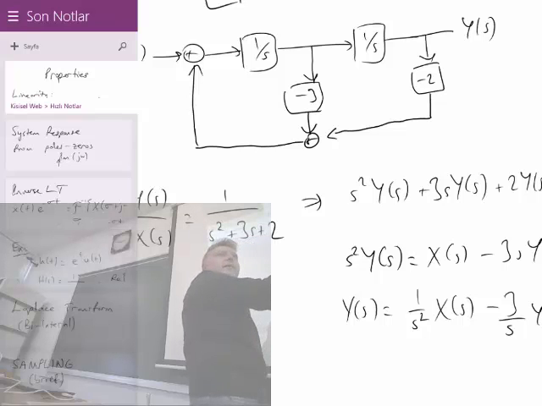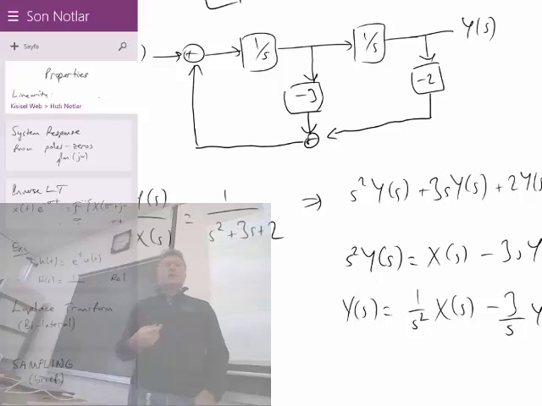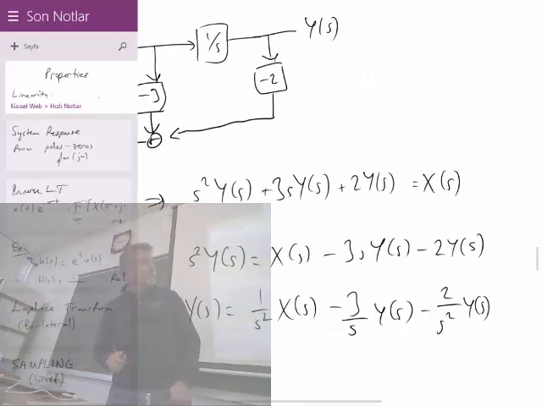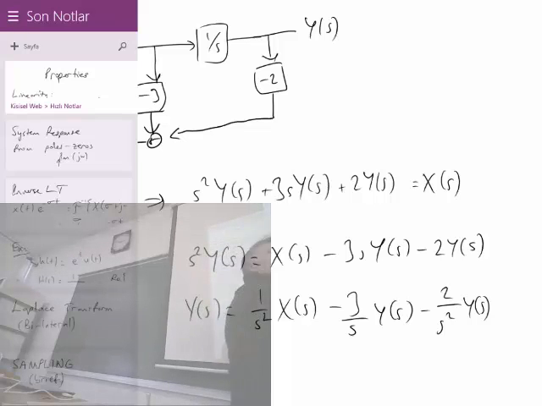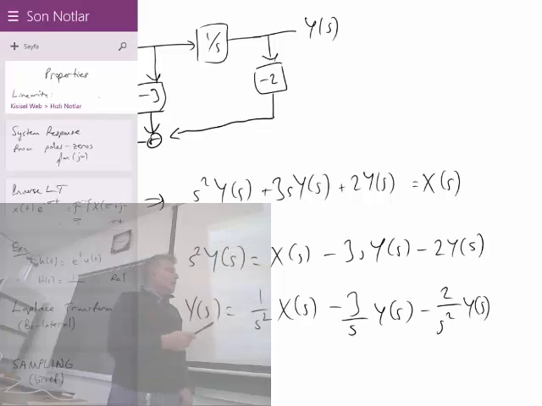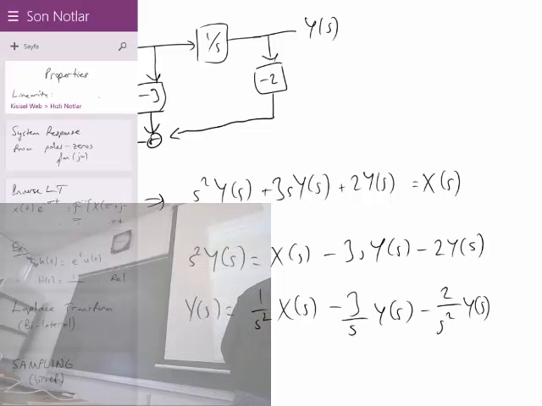When it arrives there, its value is multiplied by 1 over s and 1 over s again to form y of s, which means twice integration. That's why we have minus 2 times 1 over s squared y of s. But we have an extra term here, which is minus 3 times 1 over s.